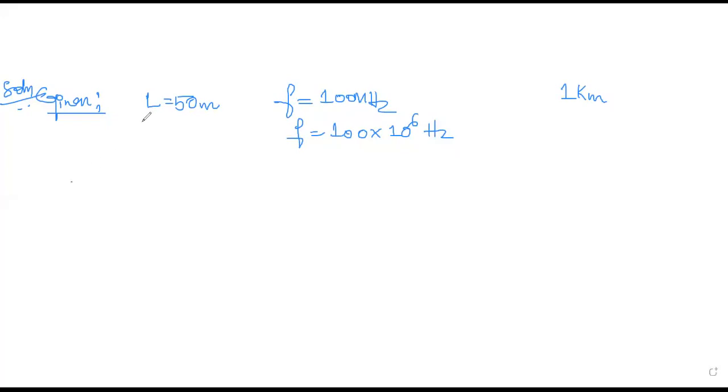Ma'am, can you repeat from the start? A directional antenna has a maximum electrical dimension of 50 meter, and its operating frequency is 100 megahertz. A field is measured at 1 kilometer from the antenna. Is it near field or far field?